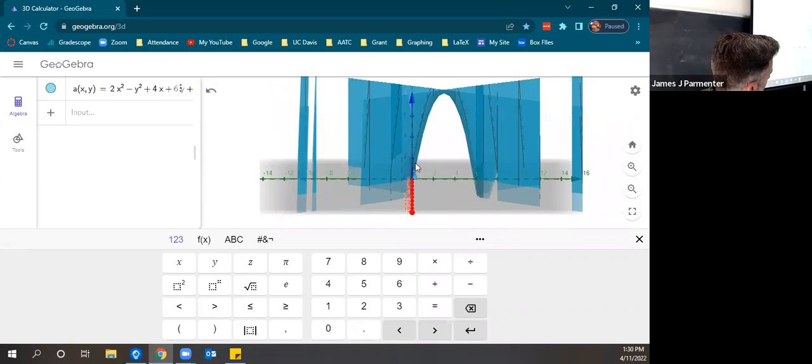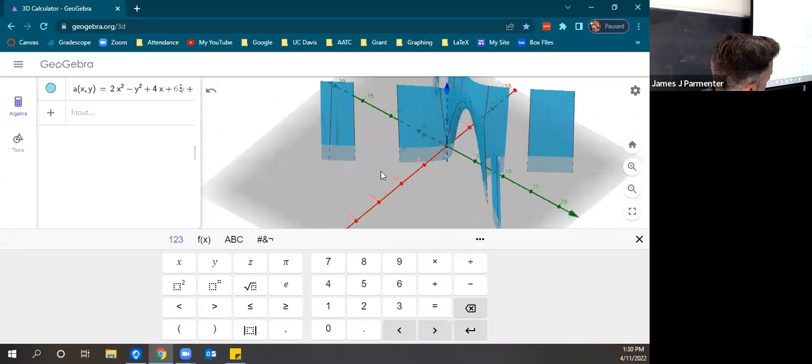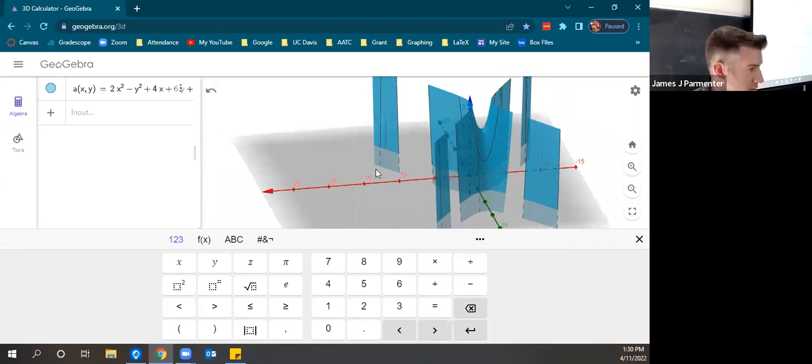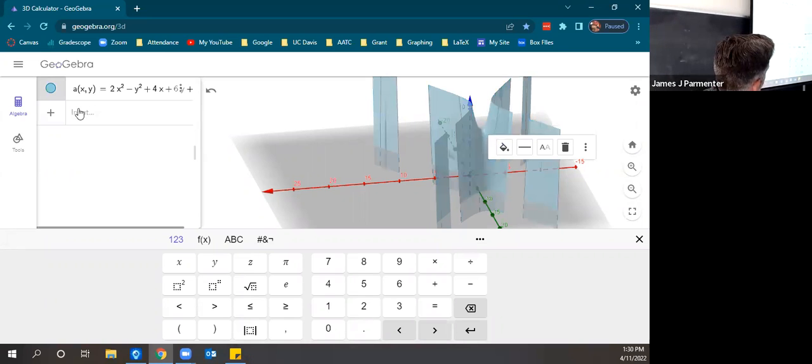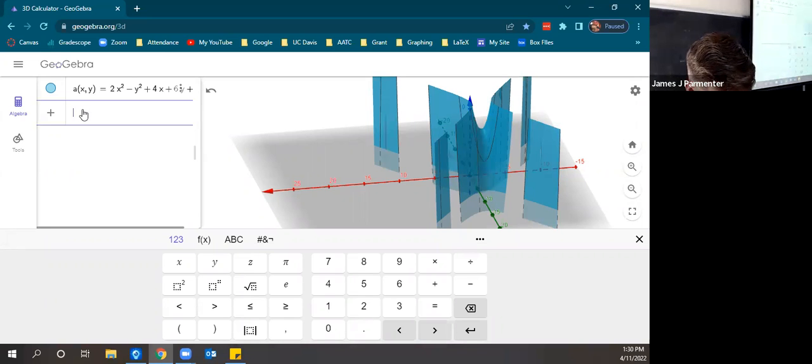You zoom out a bit more. There, you can kind of see it. Do you see the saddle there? So there's your saddle. That's the point we found. If we could click on it, it would be the point x is -1, y is 3, and z is whatever. Sometimes it's good to play around with this thing.